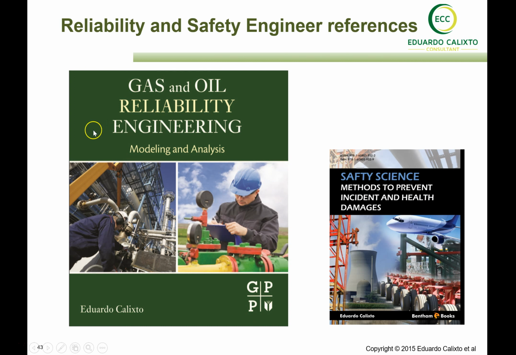In this book, you have all the reliability engineering tools necessary from concept through the end of the design phase, to be applied to keep the equipment in a state as good as new. That also includes the safety critical elements, which means the equipment that can trigger a major accident in case of failure, or can mitigate the risk of an accident.